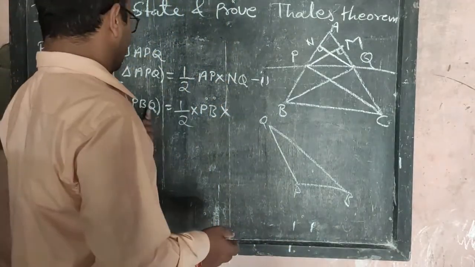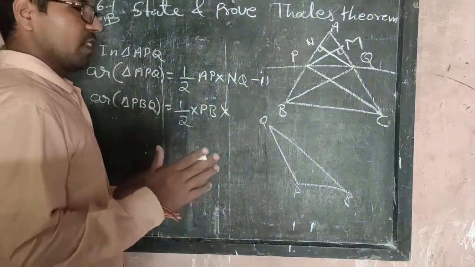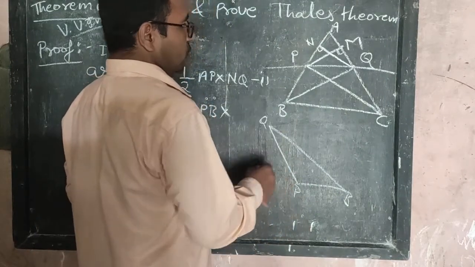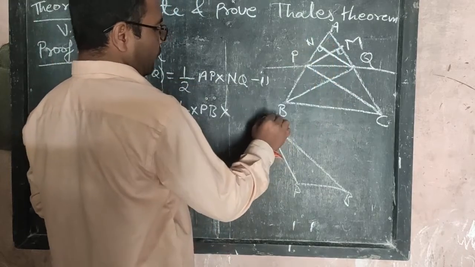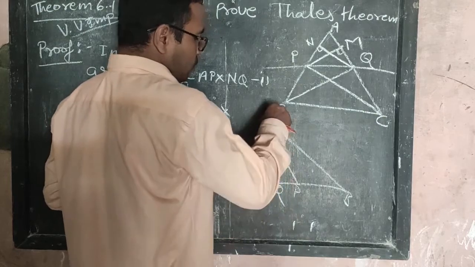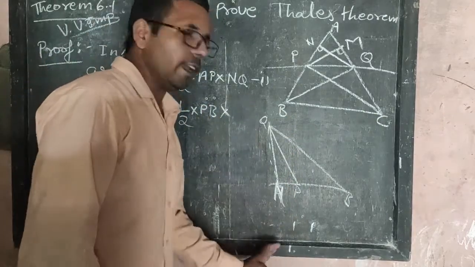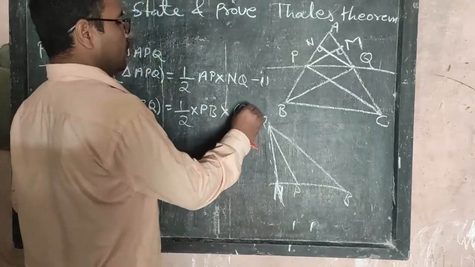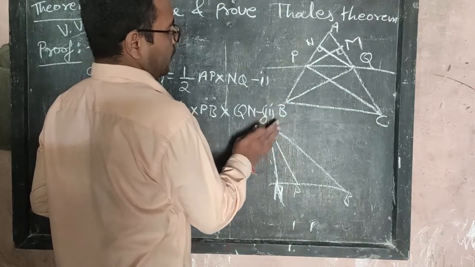In the area of triangle we need a right angle triangle, so we need the perpendicular height, that should be 90 degrees. We get that 90 degrees from QN. If you draw this perpendicular from Q, QN is the height in this triangle. Make it equation number 2.